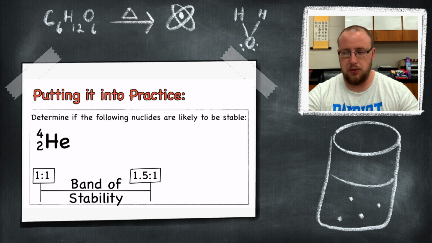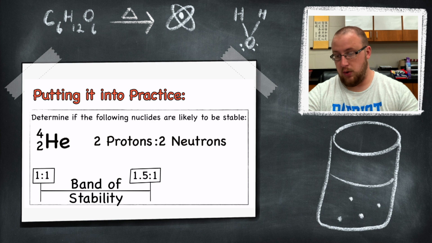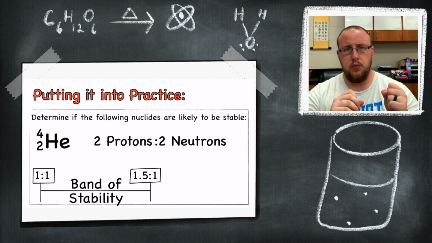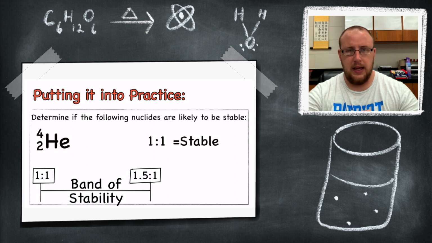If it has 2 protons, then that must mean it has 2 neutrons. So it has a 2 protons to 2 neutrons ratio, which can be reduced down to 1 to 1. For every proton we have a neutron, and that means it's a stable helium. 4,2 helium is a stable isotope.